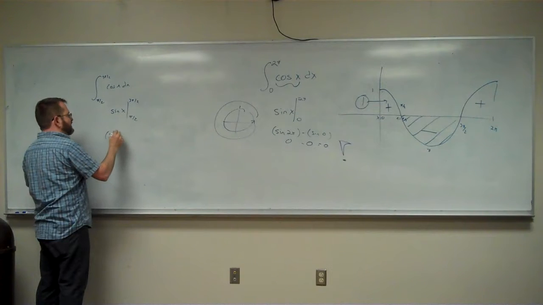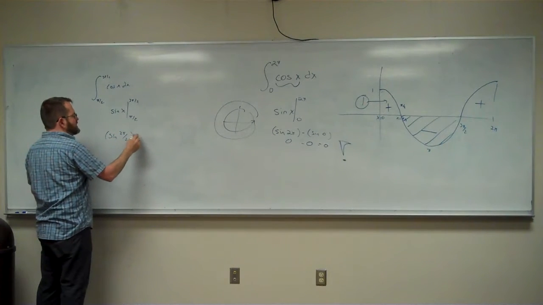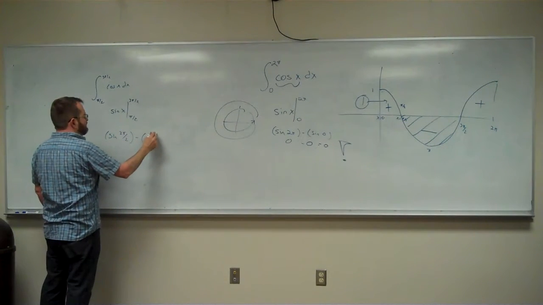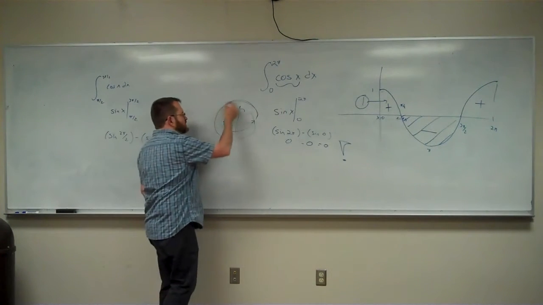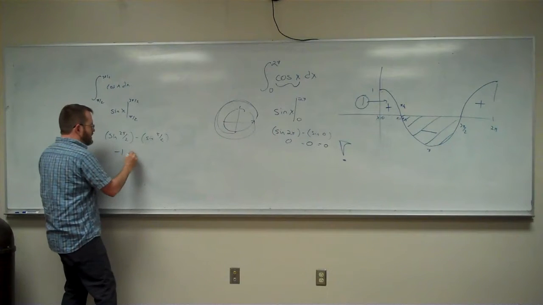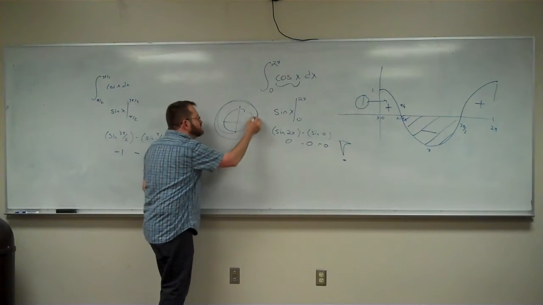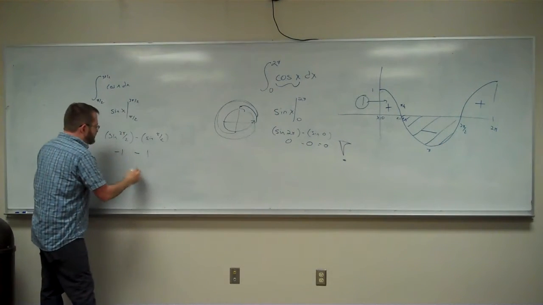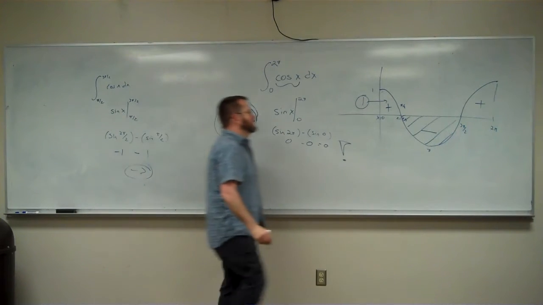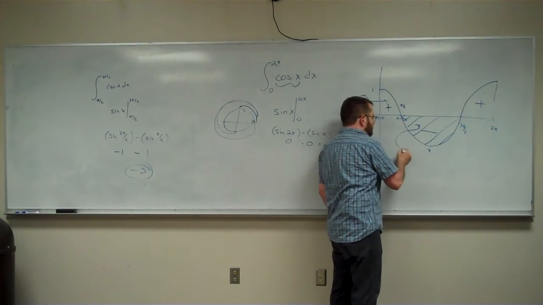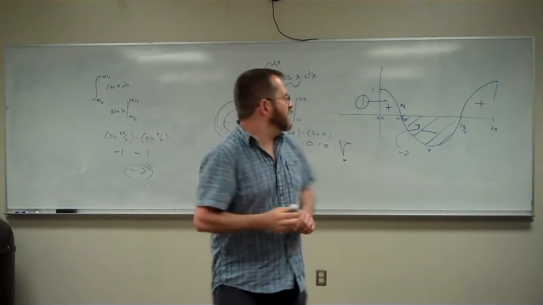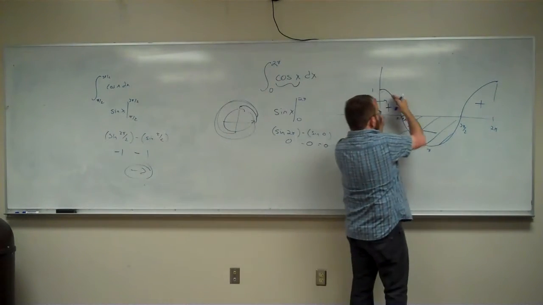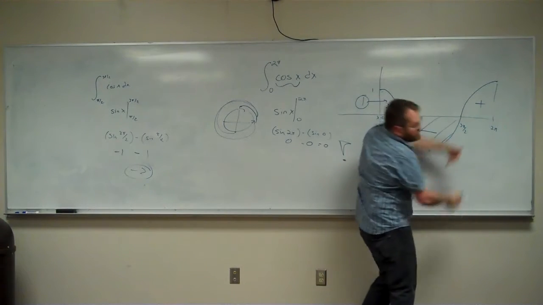So it's the sine of 3 pi over 2 minus the sine of pi over 2. The sine of 3 pi over 2 is negative 1, minus the sine of pi over 2, which is 1. Negative 1 minus 1 is negative 2. So the area of this little piece here is negative 2. Which actually kind of makes sense, right? If this little chunk here was 1, it should be negative 2.